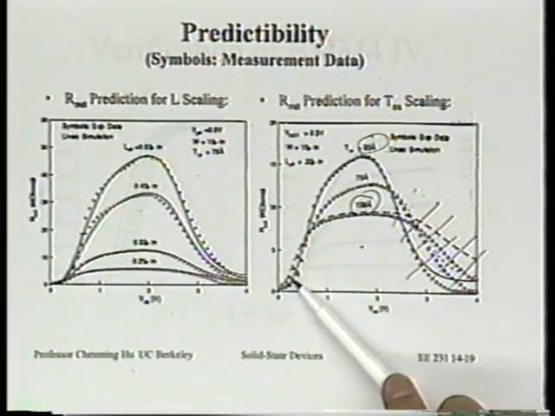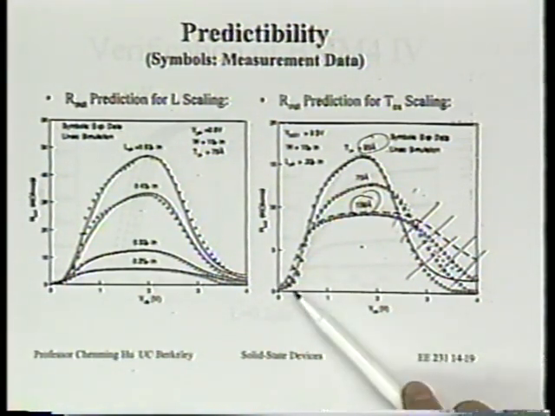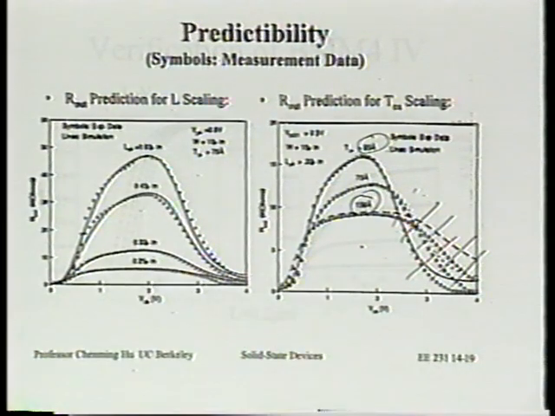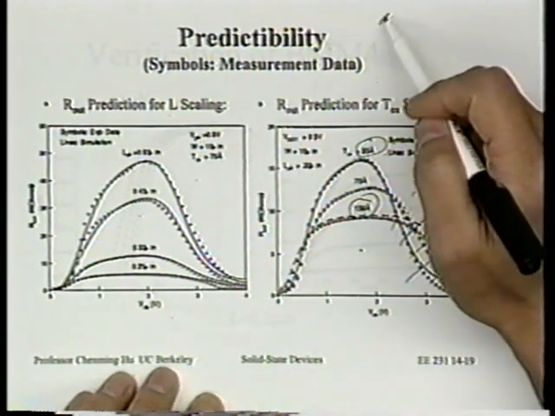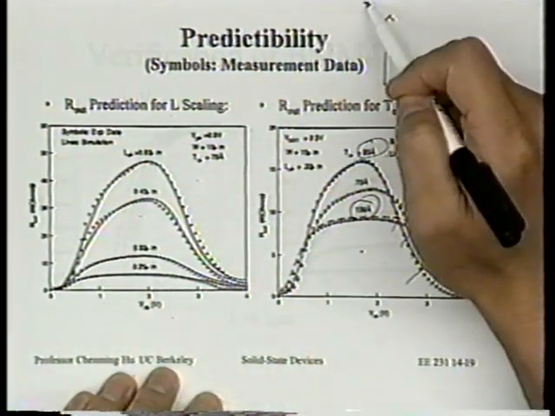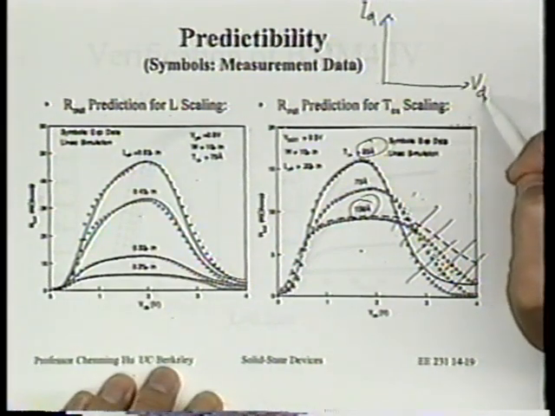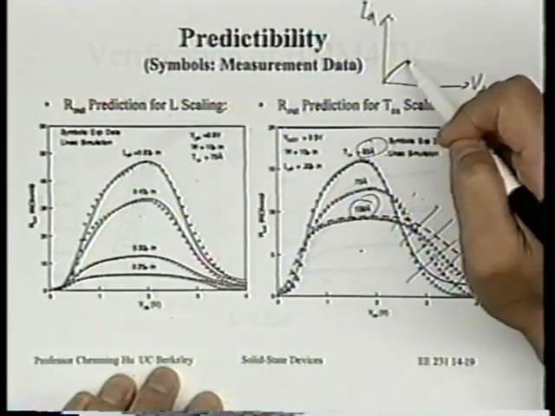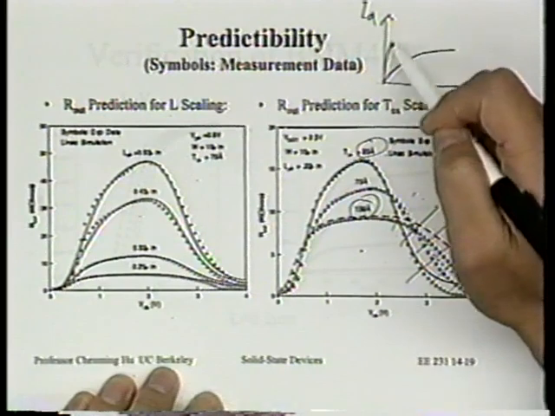Why does the thin oxide have a lower R out in this region? In this low VDS region, please. So in triode, the thinner oxide will cause more carriers to show up in inversion. Exactly. Think about ID versus VD curve. You have a thick oxide transistor. You have a thin oxide transistor.